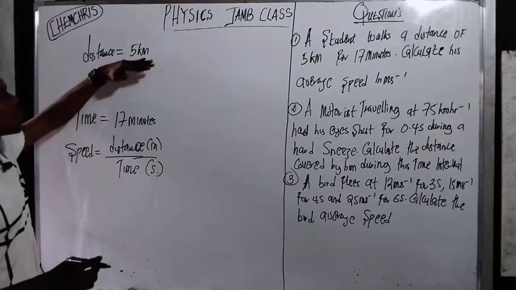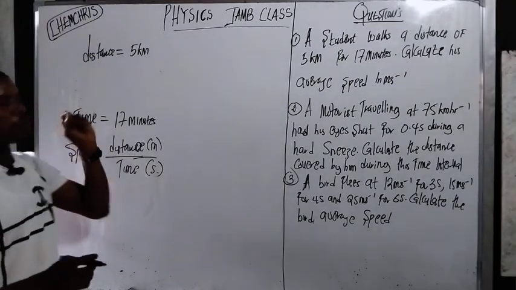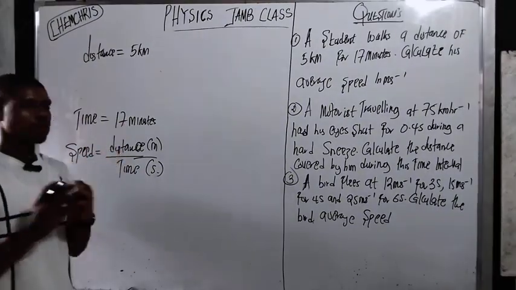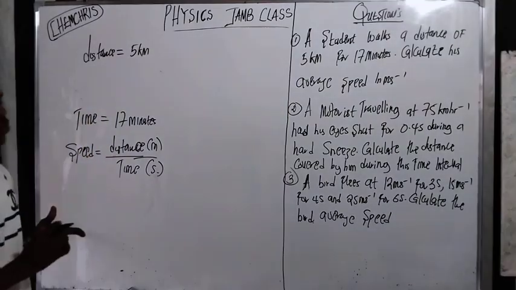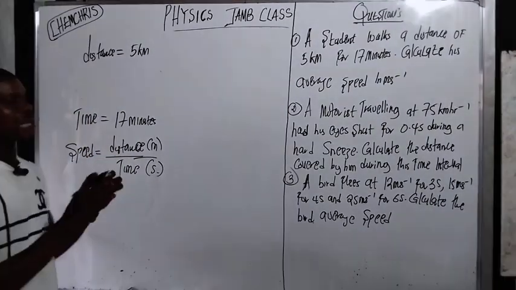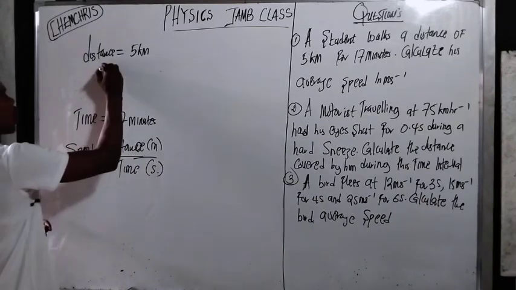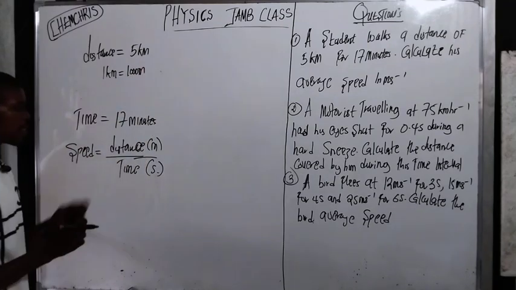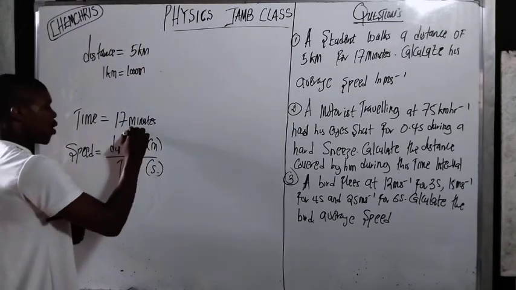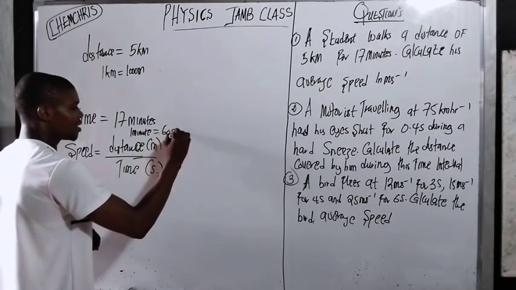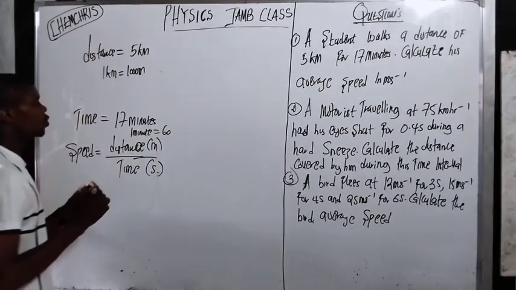So I have to convert 5 kilometers to meters and 17 minutes to seconds. That is where we use the conversion factor: 1 kilometer is equal to 1,000 meters, and 1 minute equals 60 seconds.